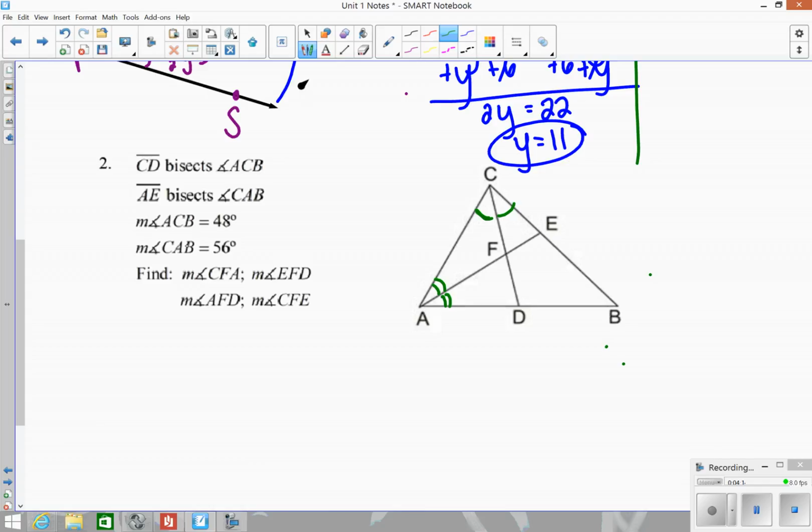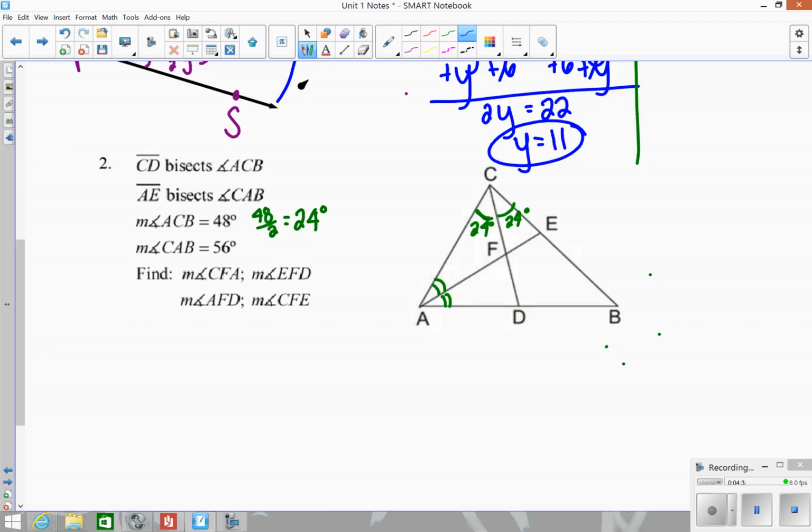ACB, this entire thing is 48. But if I have a bisector, if I divide 48 by 2, that gives me 24. So each of these is really 24, since it was being bisected. CAB, the whole thing's 56.